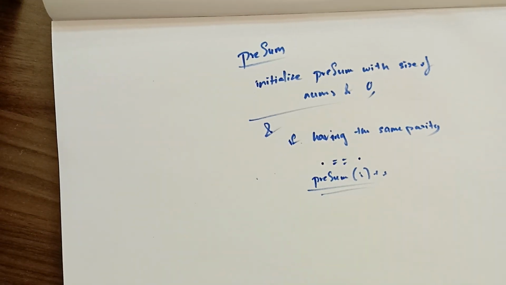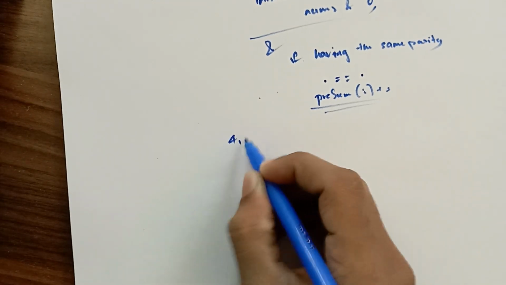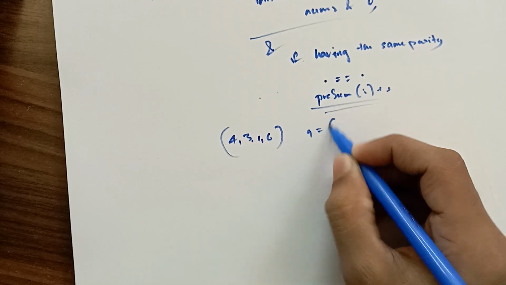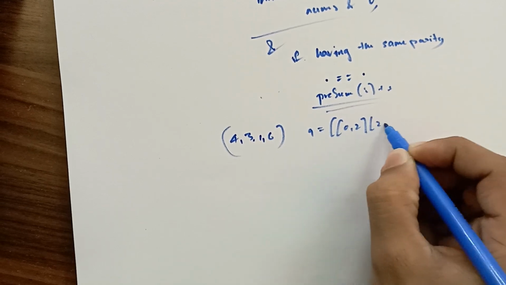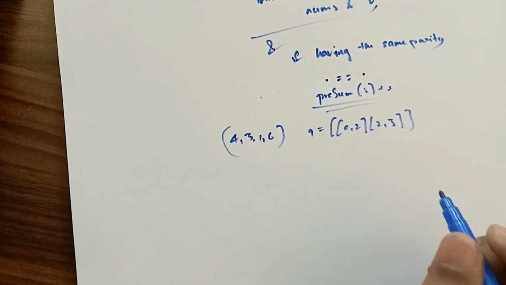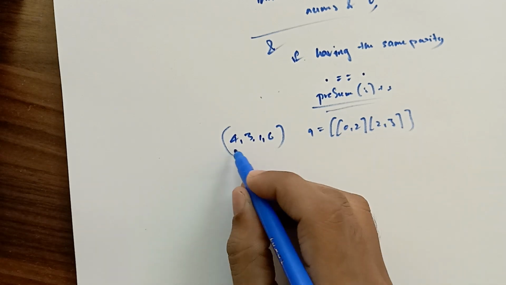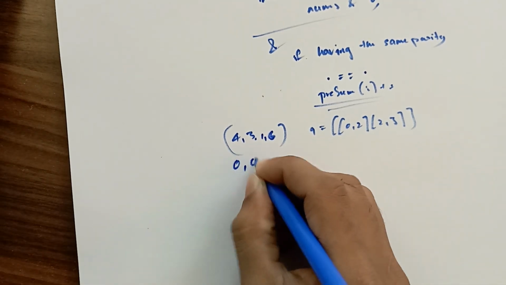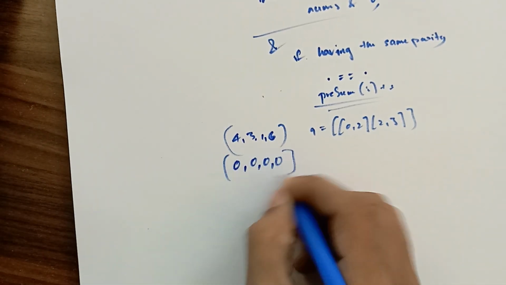This will work eventually. Let me take an example. So nums is 4, 3, 1, 6, and the queries which are given are [0, 2] and [2, 3]. If you consider the prefix sum 0, 0, 0, 0.